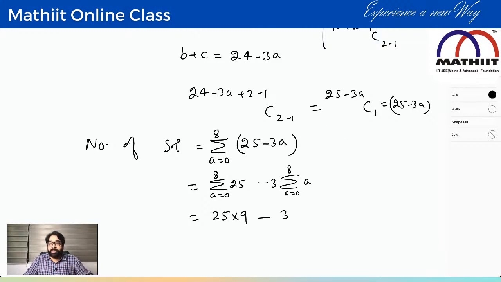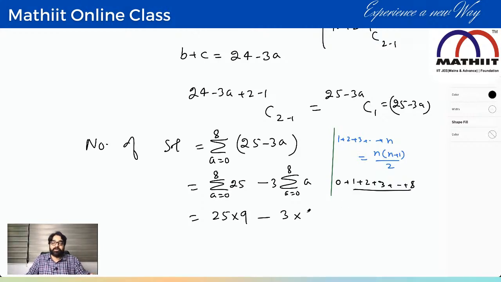I am sure everybody knows this formula: 1 plus 2 plus 3 till n is always equal to n into n plus 1 by 2. We can use that formula directly. Here a equal to 0 to 8 gives 0 plus 1 plus 2 plus 3 till 8, that means the sum of 8 natural numbers is 8 into 9 by 2.